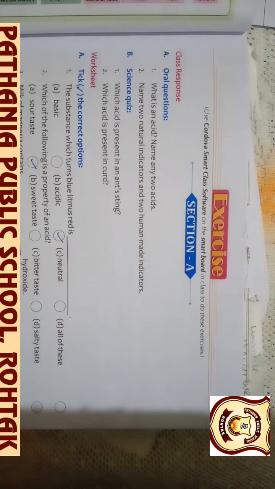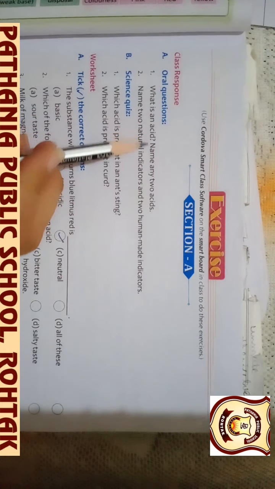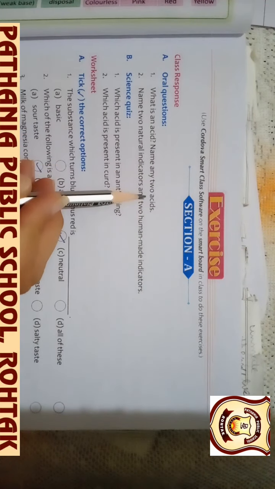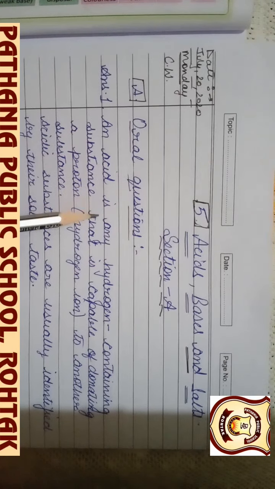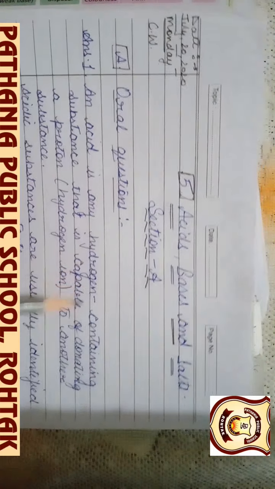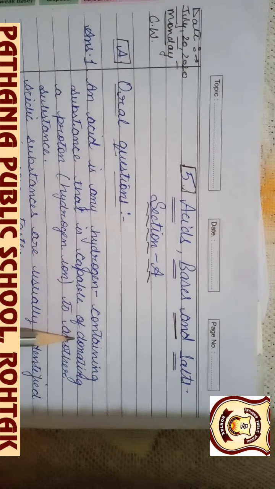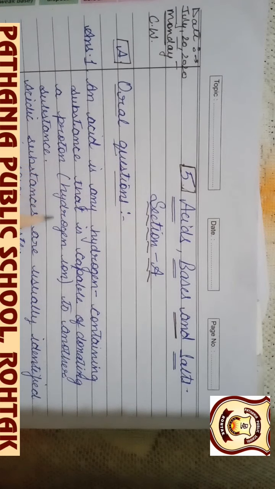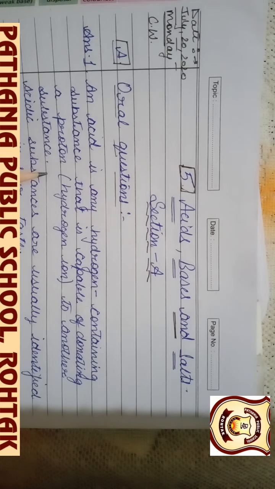First are the oral questions. What is an acid? Name any two acids. The answer is: an acid is any hydrogen-containing substance that is capable of donating a proton, that is hydrogen ions, to another substance.